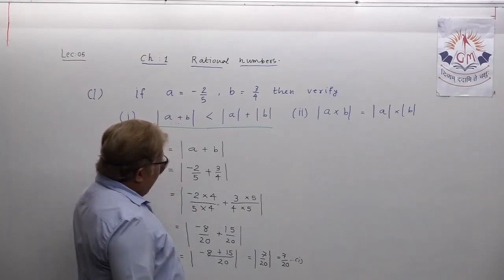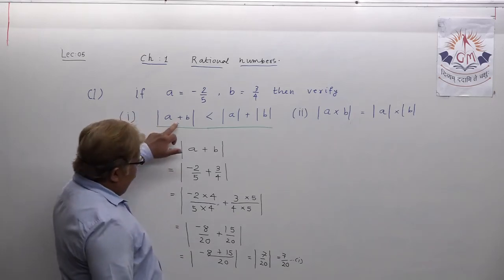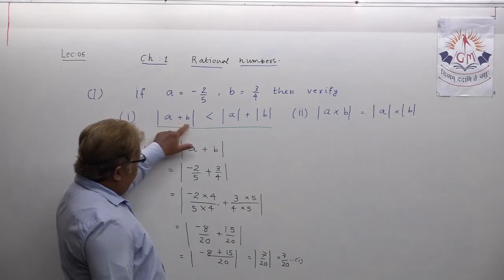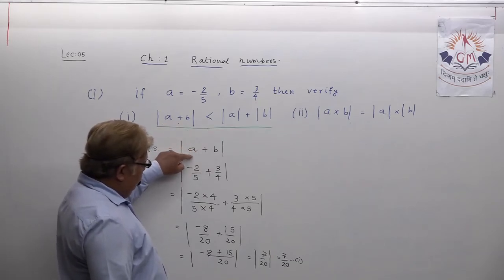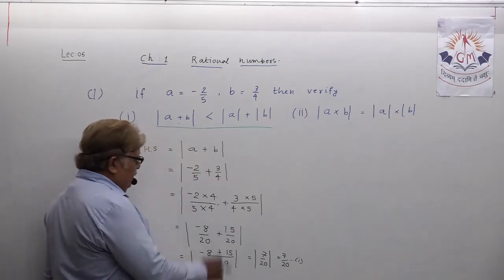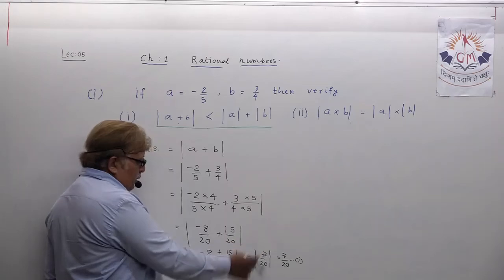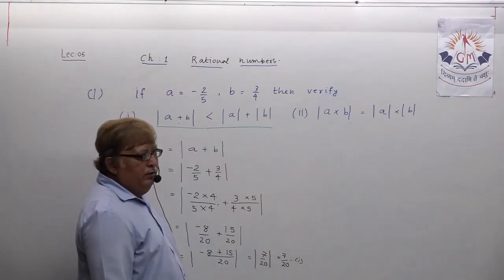So we got the LHS first. First you have to write the LHS, the absolute value of A plus B, substitute the values of A and B, accordingly take the LCM and solve and get the final answer 7 upon 20.